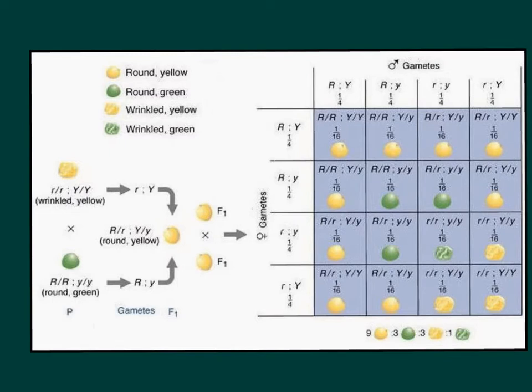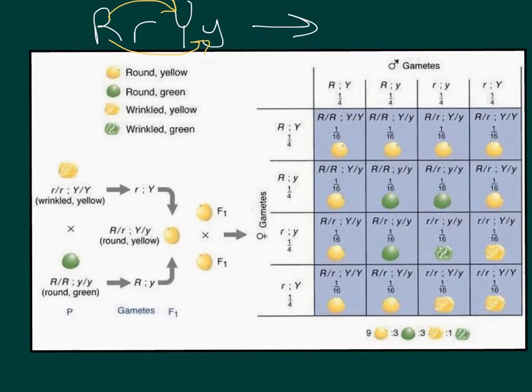So if you're going to take a big R, little r, and big Y, little y, and make different types of gametes, they're going to have different possible outcomes. You can take this big R and go with the big Y, and of course then the next combination of factoring, just like in factoring in math, the big R can go with the little y.